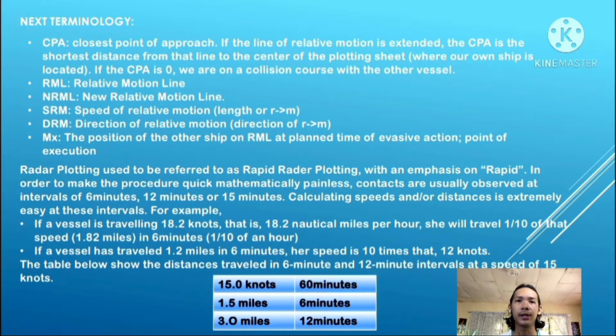NRML stands for new relative motion line. SRM stands for speed of relative motion.